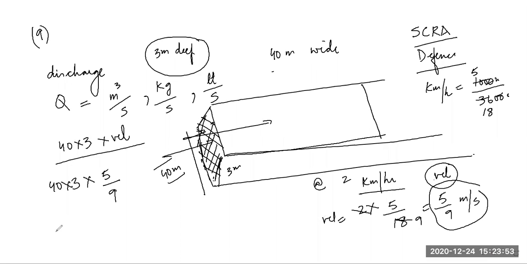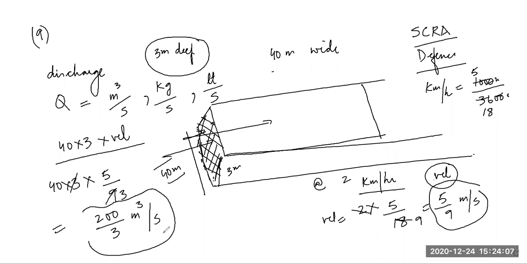So 3 3s are 9, and this will be 200 divided by 3 meter cube per second, which would be the discharge. How much water is going per second? So 200 by 3 meter cube per second is the discharge.